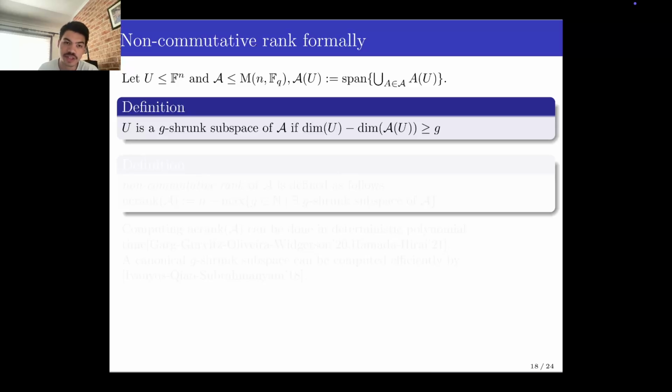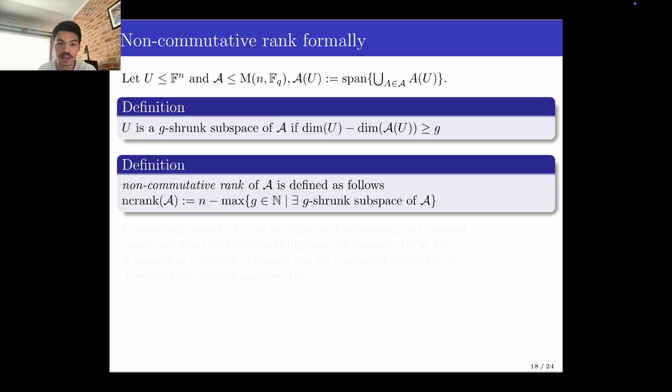Then we say that U is a G-shrunk subspace of A if the dimension of U minus the dimension of the image of A under U is greater than G. In this sense we can think of U as sort of a matrix where A shrinks this subspace and gives it a large zero block. Then the non-commutative rank is n minus the largest G-shrunk subspace of A.